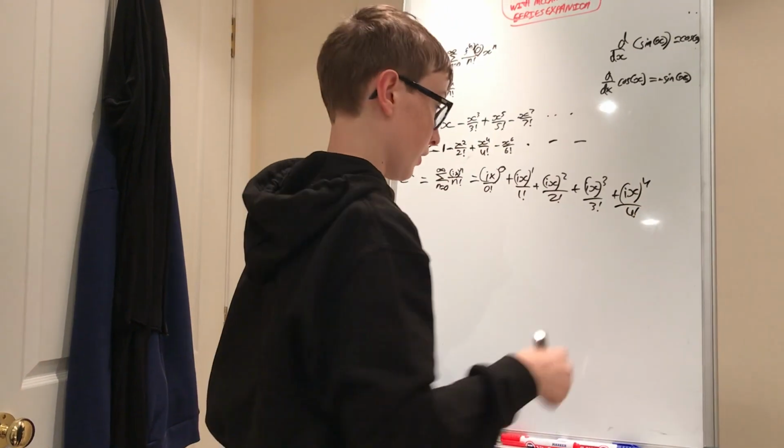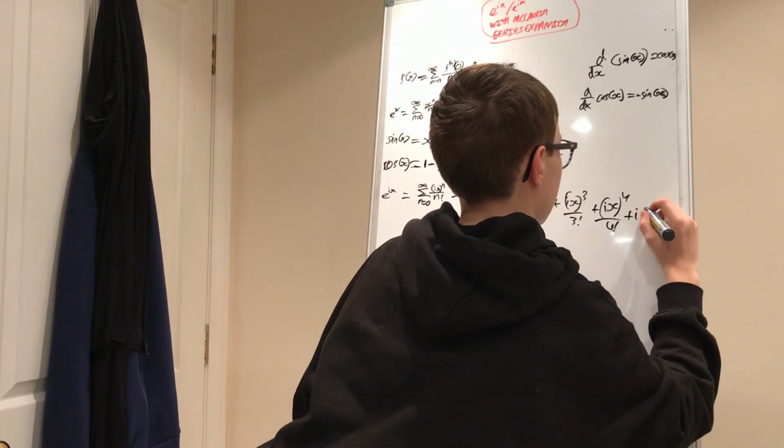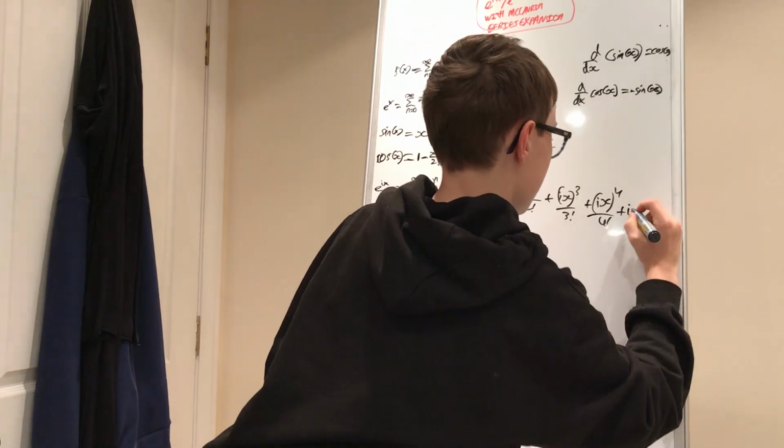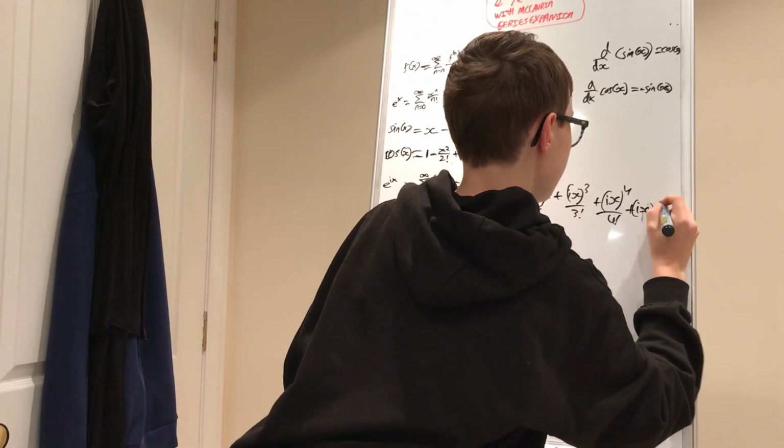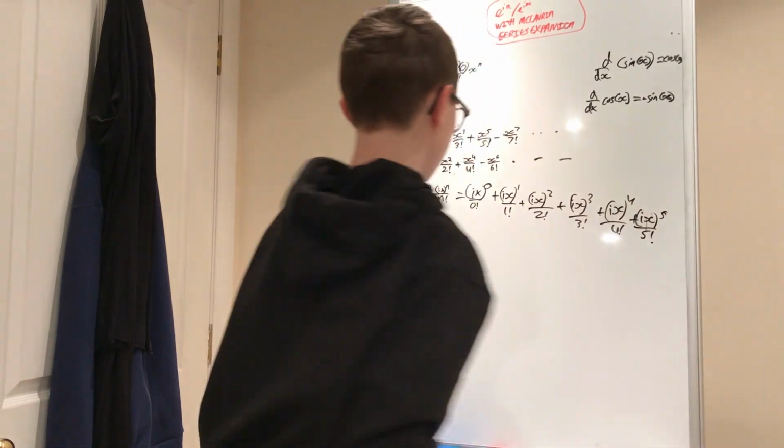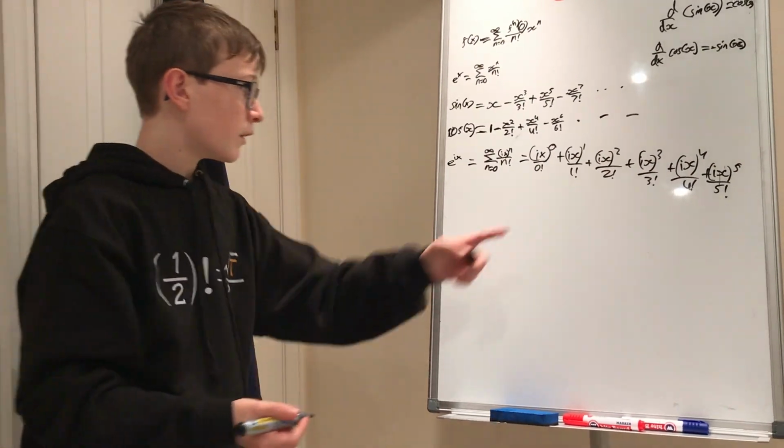We'll just write one more term, plus ix to the power of 5 over 5 factorial. Okay, that should be enough terms.